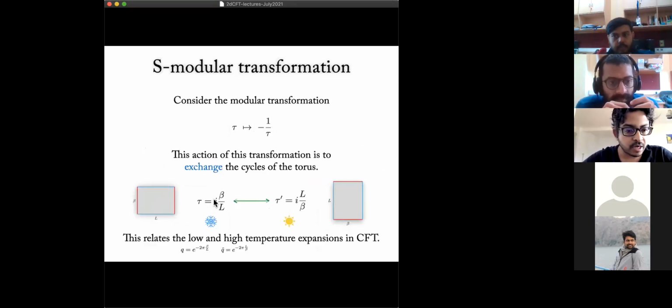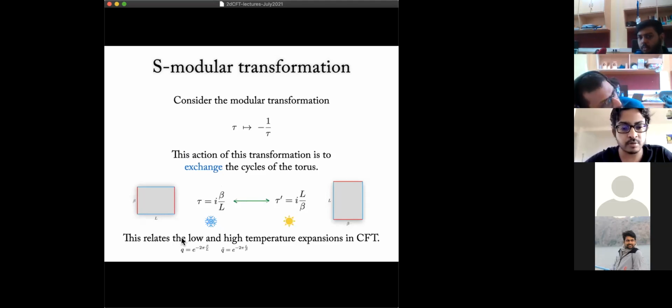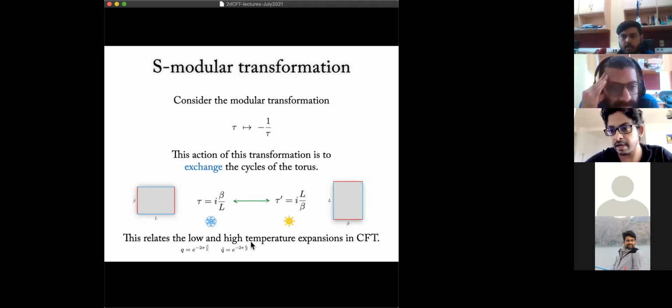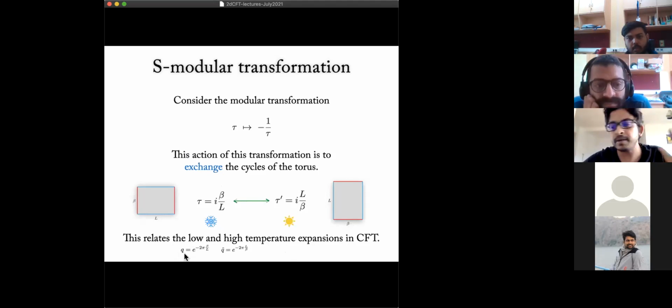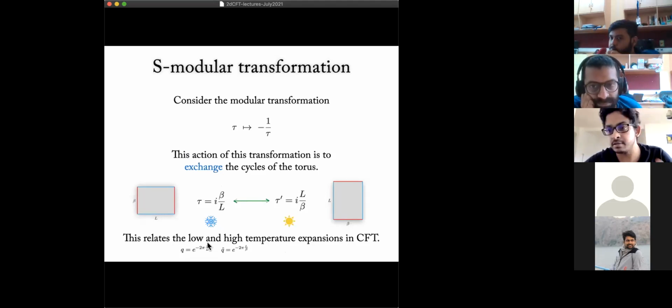So tau over here is defined as this, whereas over here it's defined by the inverse ratio, which is this. Now this actually relates the low and high temperature expansions in a conformal field theory. If you look at a conformal field theory quantity, the low temperature expansion of that is going to be in this parameter Q, which is e to the minus beta by L. At low temperatures, beta is large, so this is a small quantity.